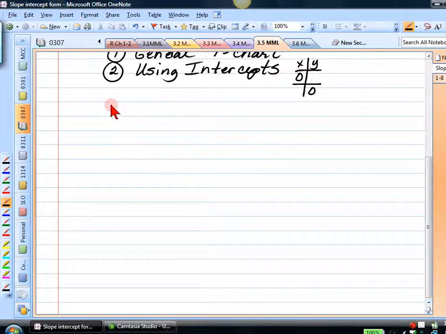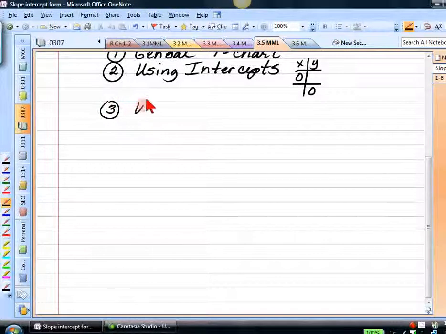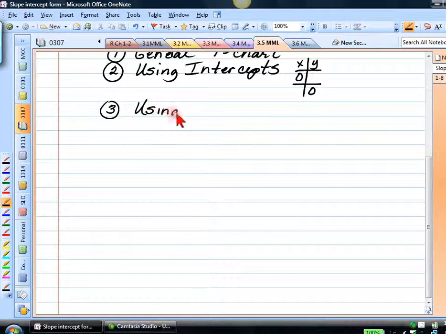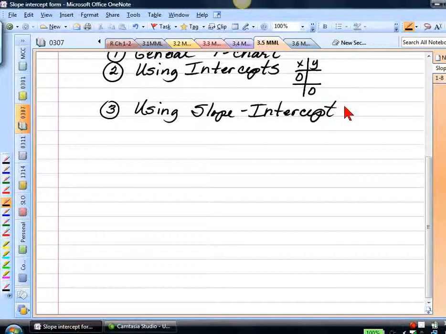Today we're going to learn a third method, which is going to be using slope-intercept, which is y equals mx plus b. Somehow, and it is not going to be difficult, we're going to use m and b to write the equation of a line. Okay?